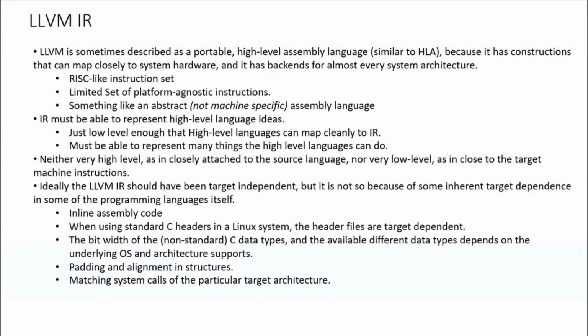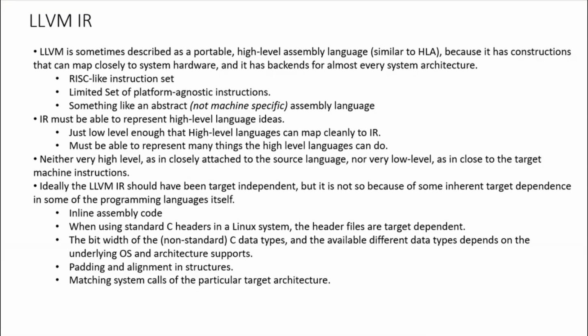The LLVM intermediate representation itself has qualities of a portable high-level assembly language, because it has constructions that map closely to system hardware, and it has backends for almost every system architecture.